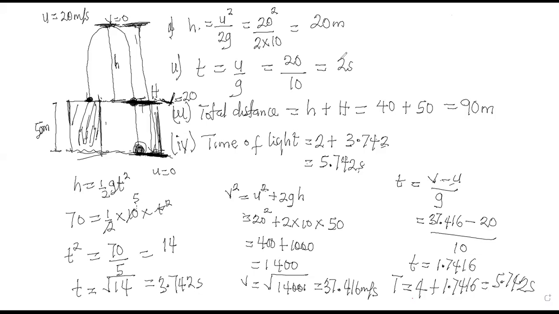So a ball is thrown upwards on the moon with an initial speed of 35 meters per second. Calculate, one, the time taken to reach the maximum height. Two, the maximum height reached by the ball.